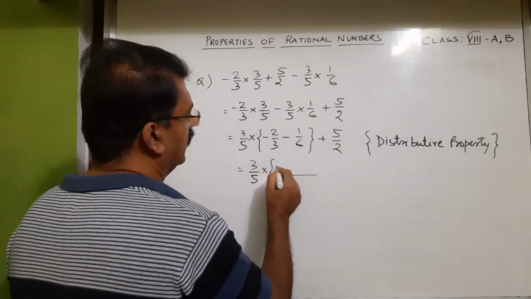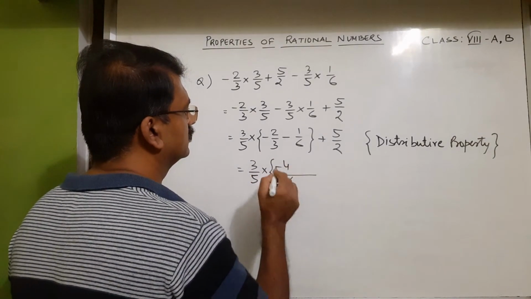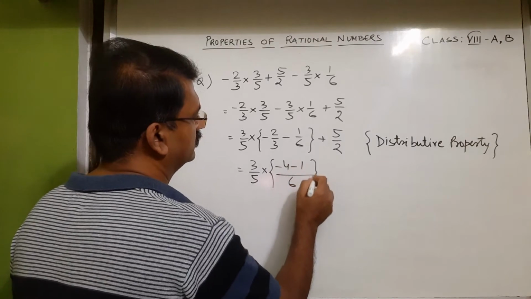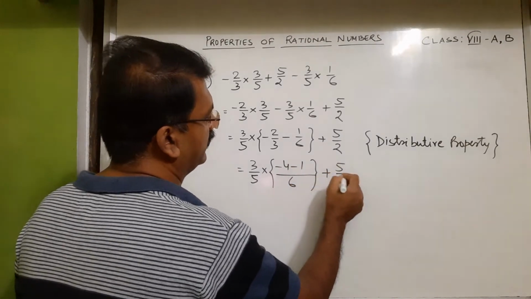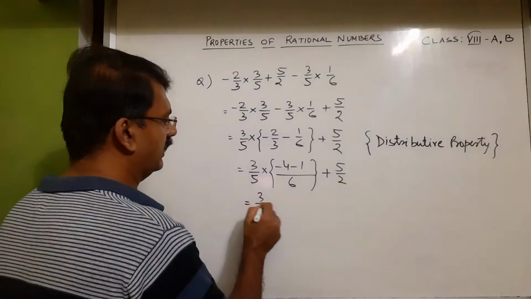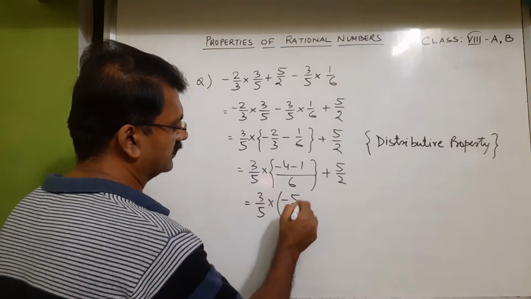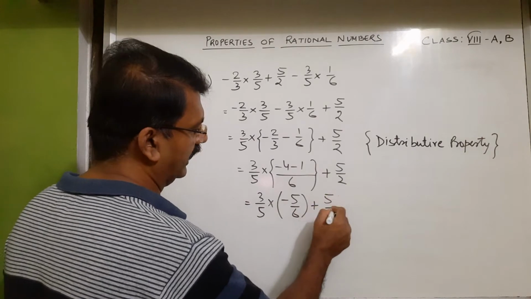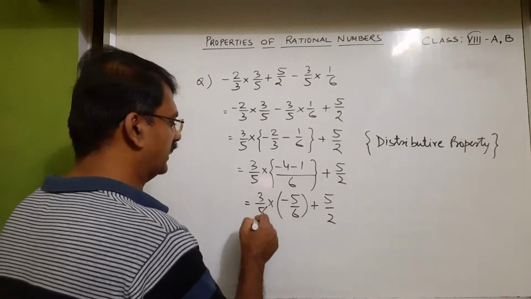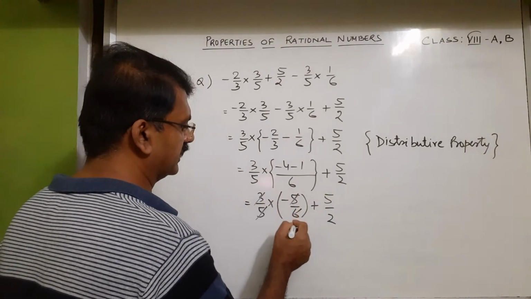So minus 4 minus 1 plus 5 by 2, like this. 3 by 5 into minus 5 by 6, like this. Now this 5 gets cancelled, 3 2s are 6.